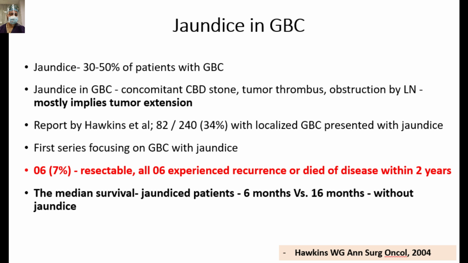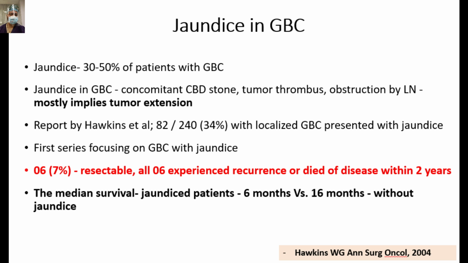It can be tumor thrombus in a papillary variant, or mostly it is obstruction by lymph nodes at the porta, or it can be because of direct tumor extension into the CBD when it is involving the neck of the gallbladder. Hawkins et al. reported that approximately 34% of localized gallbladder cancer presented with jaundice. So gallbladder cancer presenting with jaundice has a relatively higher incidence.